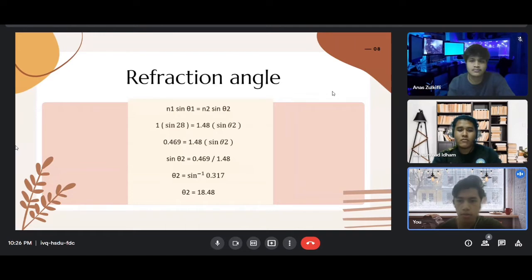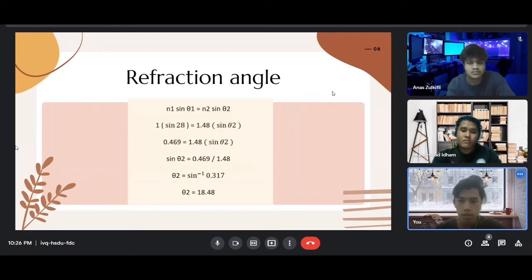The answer for sin 28 is 0.469 equals 1.48 sin θ2. And then sin θ2 equals 0.469 divided by 1.48.